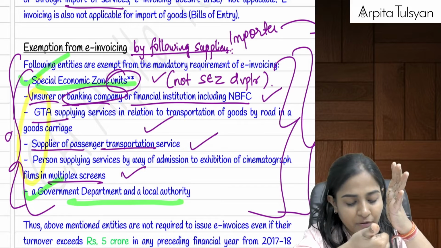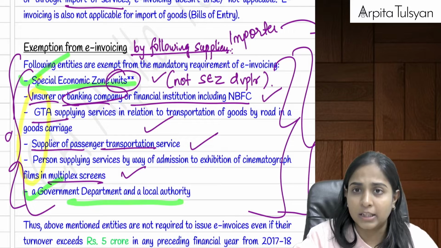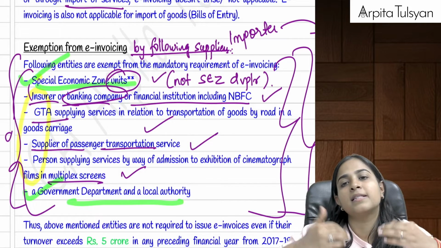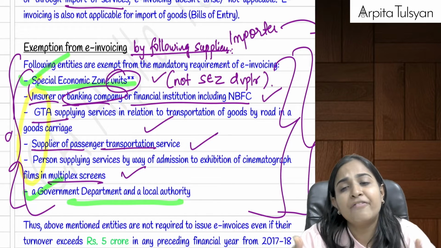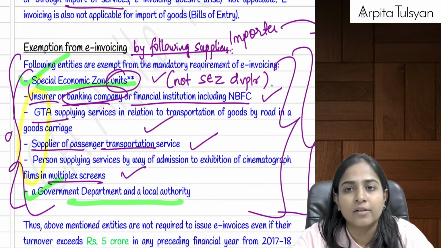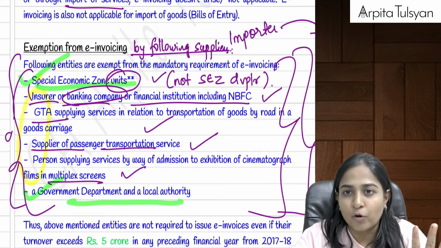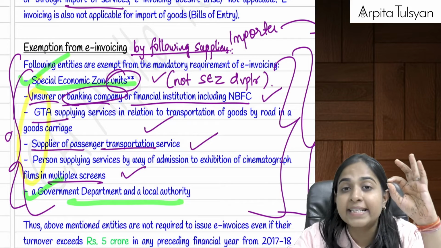And the last one was any government department or a local authority. If these 6 persons are the supplier of any goods or services, then they are totally exempted from the requirements of e-invoicing. Just remember here it is SEZ unit and not SEZ developer.